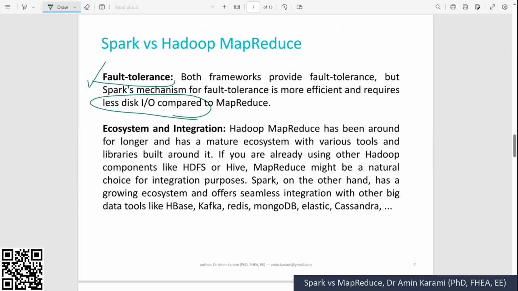All right. In terms of ecosystem and integration, we can consider MapReduce a mature ecosystem, right? With various tools and libraries that you can apply, and you can manage your data of any size. You can troubleshoot the components in your cluster. Let's say you have 10 workstations, you made them a cluster. There are lots of name nodes and data nodes. You can track the performance of your hardware like CPU and memory.